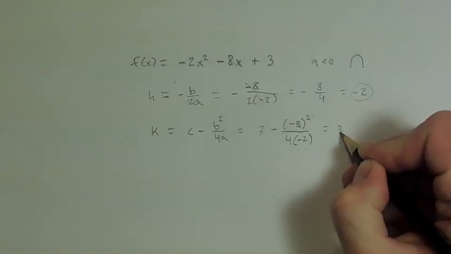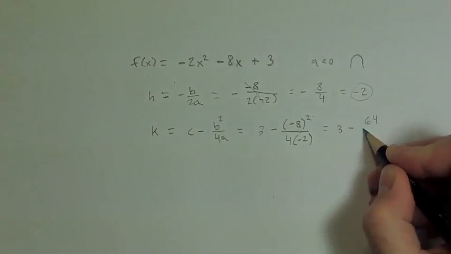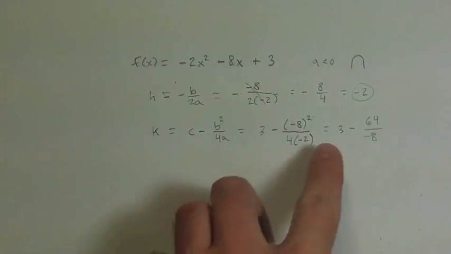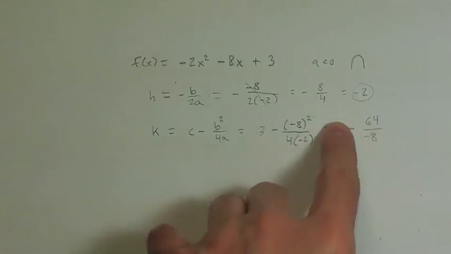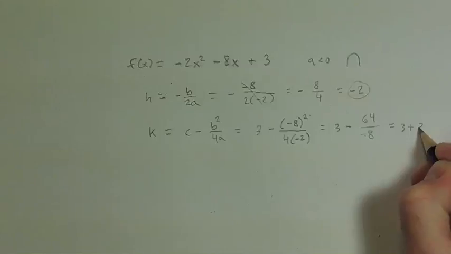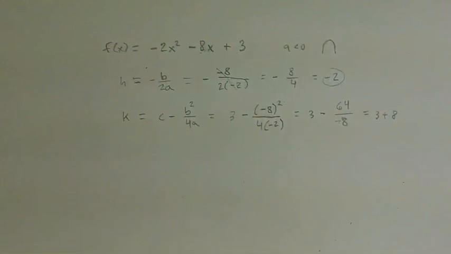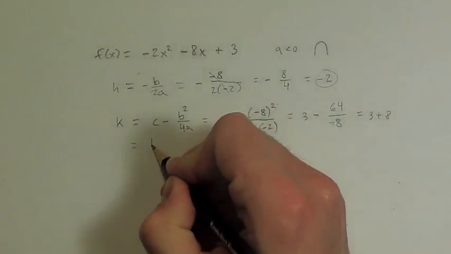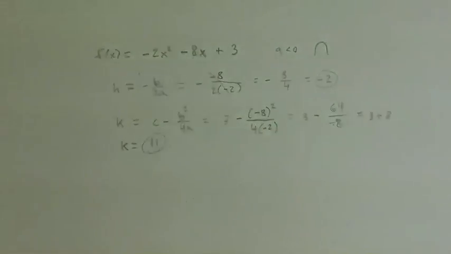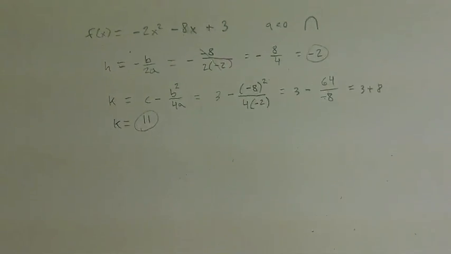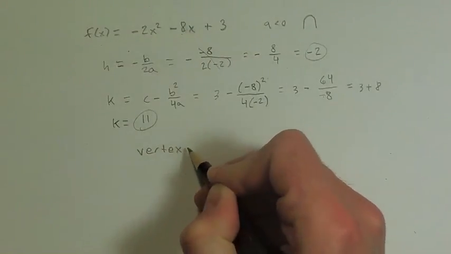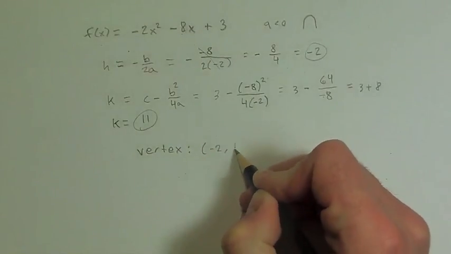Alright, so we get a 3 minus, we'll have a 64 on top, and a -8 on the bottom. Alright, so that's going to come out to be, well, a -8, but this negative and this negative cancel, so we get a 3 plus 8. Alright, and now our k is 11. Alright, so these numbers have come out to be kind of large, but that's alright. So now our vertex is -2, 11.